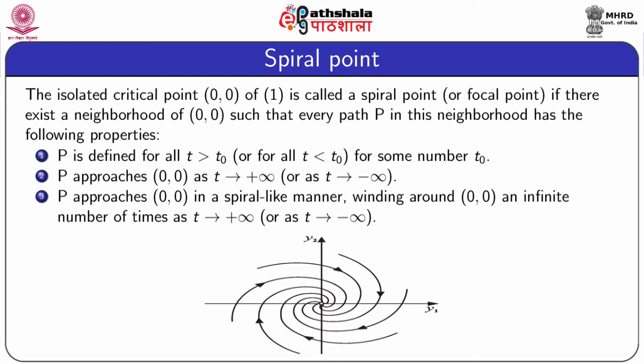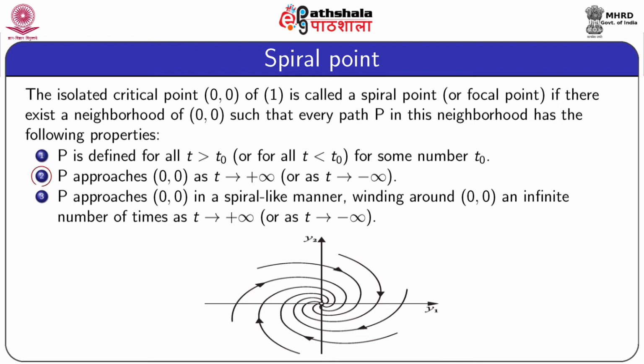Our next definition is a spiral point or a focal point. The isolated critical point (0,0) of (4) is called a spiral point or focal point if there exists a neighborhood of (0,0) such that every path P in this neighborhood has the following properties. Number 1, the point P is defined for all t greater than t0 or for all t less than t0 for some number t0.